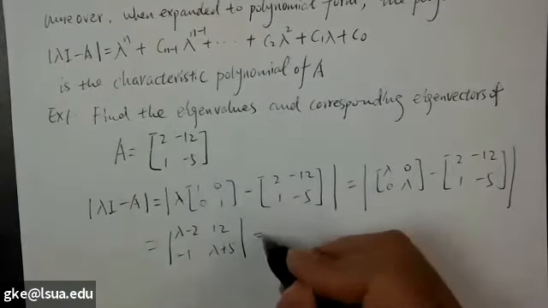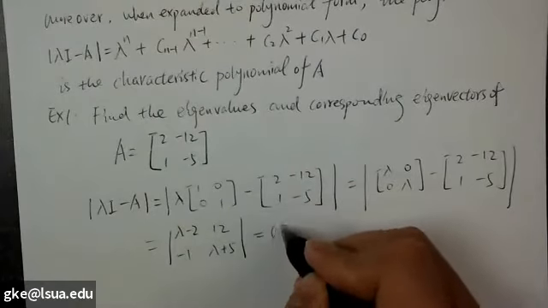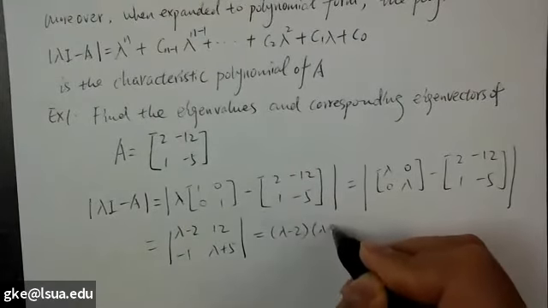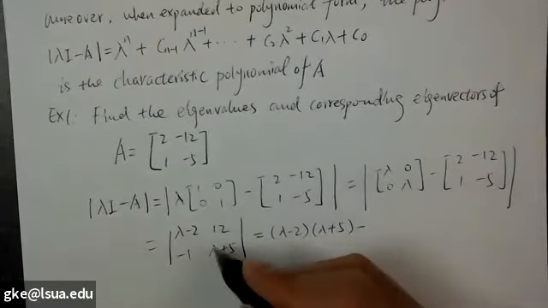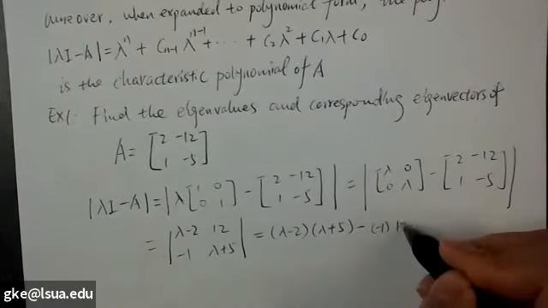How to calculate the determinant? You get (lambda minus 2)(lambda plus 5) minus (-1) times 12.